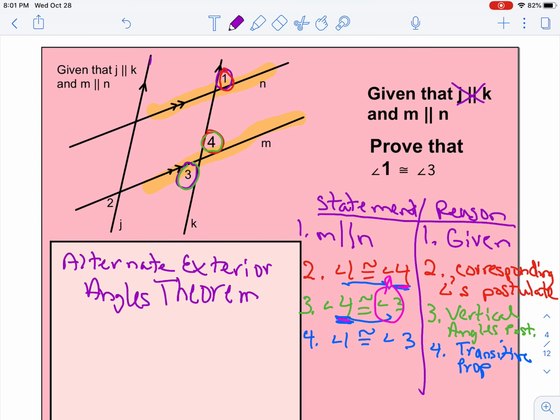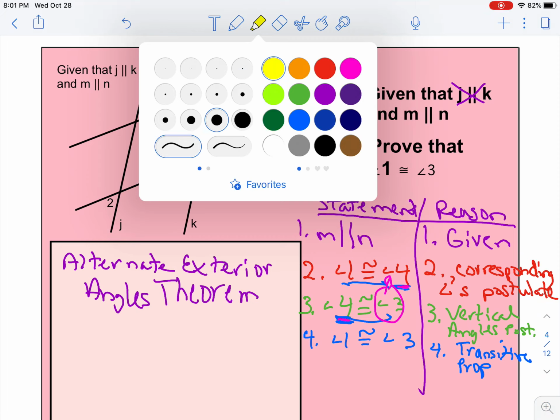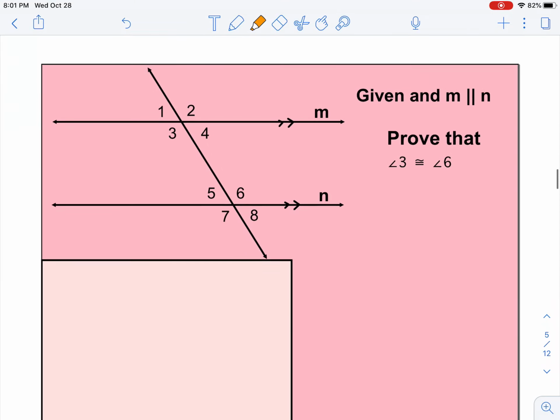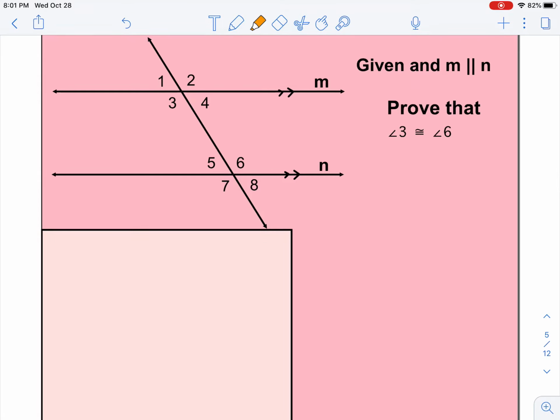So all of these proofs, if you can, use this corresponding angles postulate. This is going to be kind of the key right here, is we are going to use that corresponding angles postulate whenever we are proving one of these theorems. So that's kind of the key. All right, so now let's work on another one.